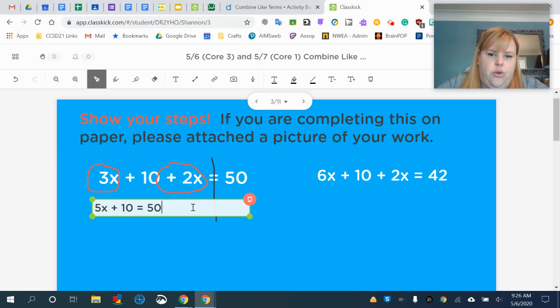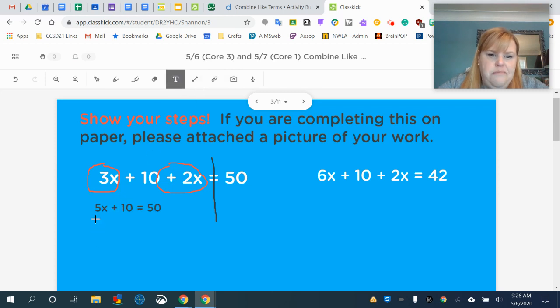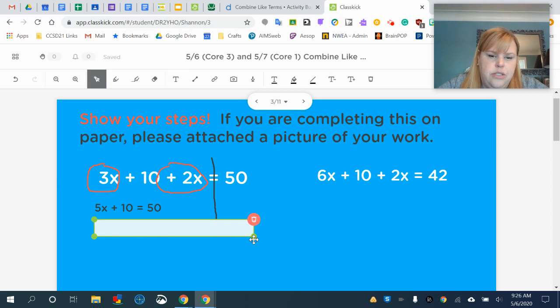All right, so now we're just basically looking at having a solving equations problem. So you're going to go through your steps. So right now I'm trying to get x by itself, and I see there's a plus 10. I need to move that 10. Okay, so need to get rid of it. It's a positive 10, so to get rid of it, I have to subtract.